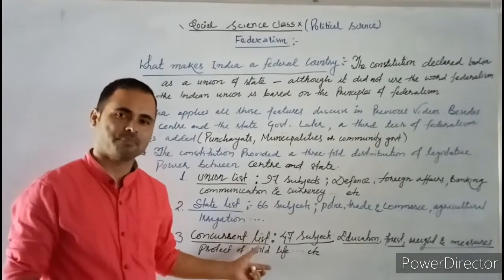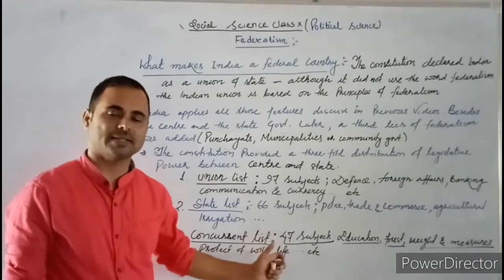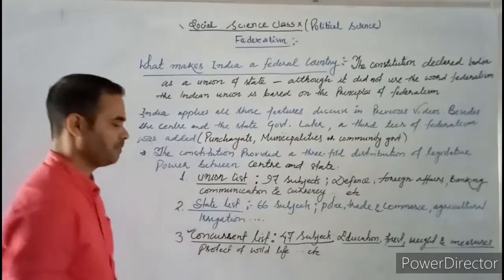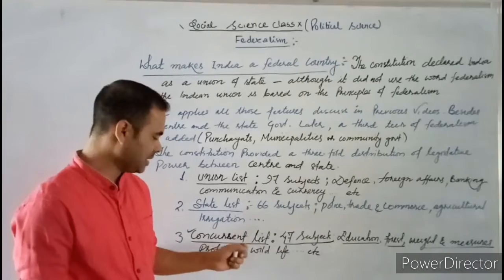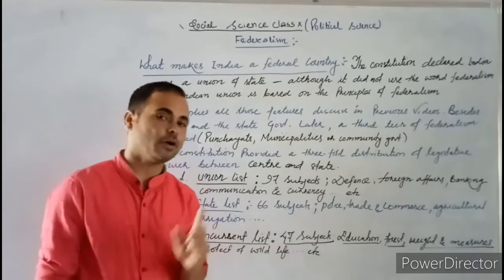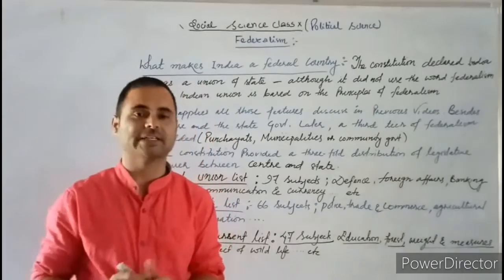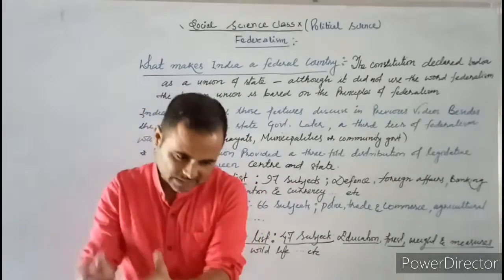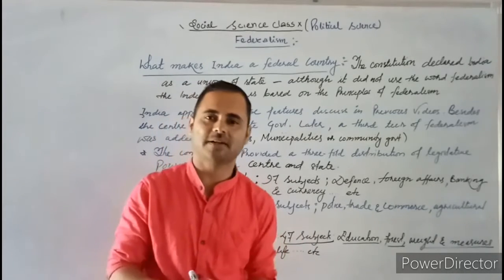In all this, both the center and the state government make laws together. But one notable thing with the concurrent list is, if any kind of conflict arises between the center and the state, often it seems that the center is overpowering the state. So this is how all these features make India a federal country.